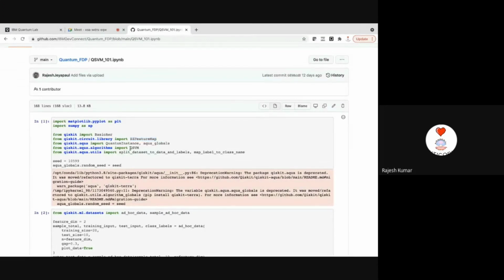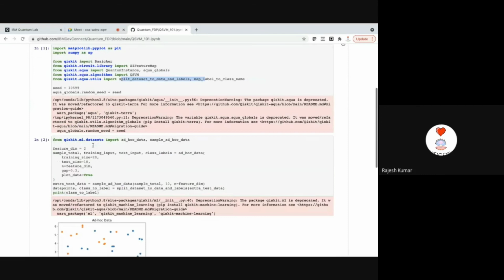And then you import QSVM, and now you know that we are going to do the optimization and the SVM part, whatever that coefficients computation, right? That happens in this module. And the rest are all quantum instances where you use the quantum computer. Okay, so that's the quantum part, and the rest are all related to machine learning, splitting the data and all those stuff, right? Only that much is done.